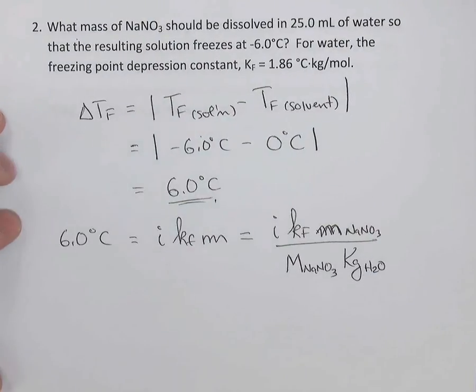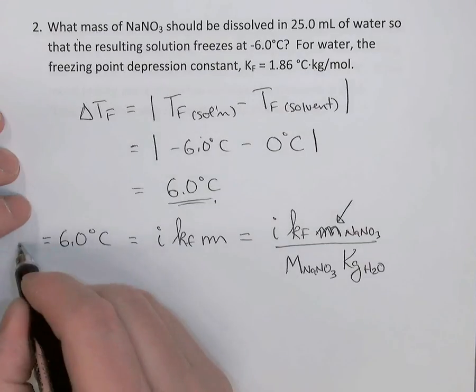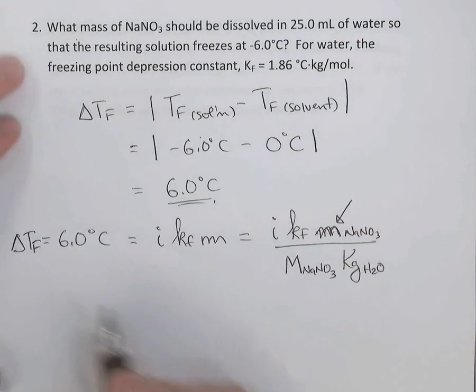Alright, now the question is what mass of sodium nitrate should be dissolved. So we're looking for this variable, the mass. So now that I've got this equation, we could simply rearrange it. Let me just go back and call this delta TF.